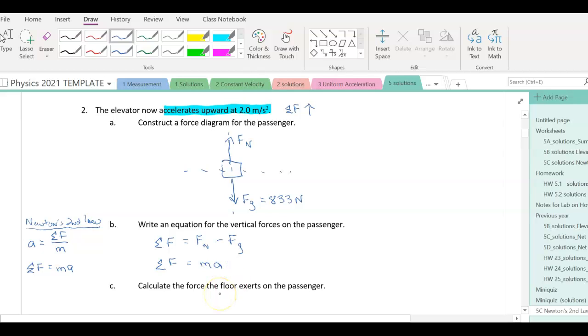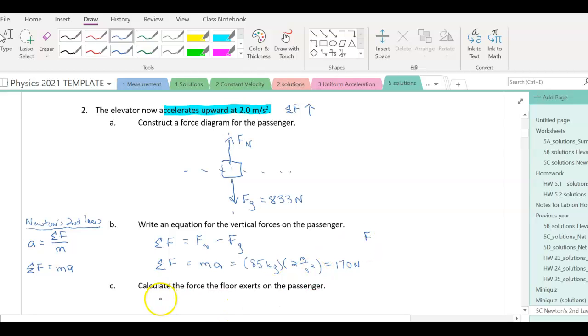I happen to know both of those things, because I know that this man's mass is 85 kilograms. It tells me that the elevator is accelerating him upward at 2 meters per second squared. So the net force must be 170 newtons. Now that I know net force, I can solve for the normal force.